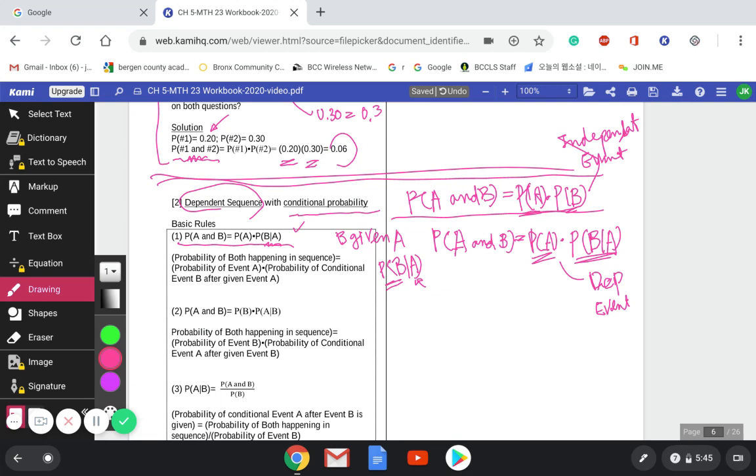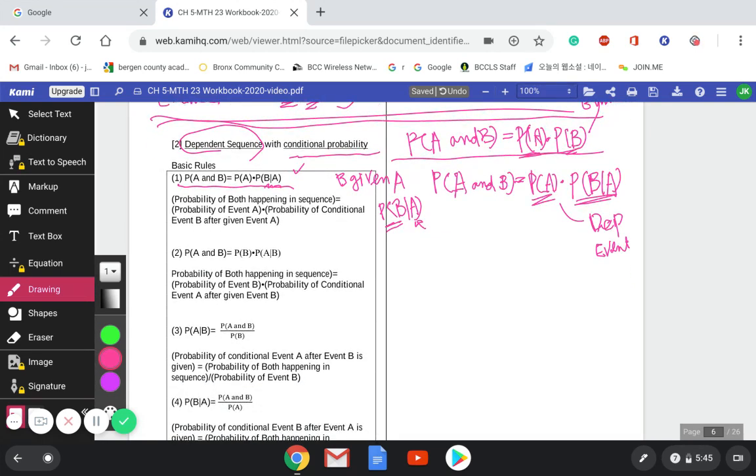So the way you write it is: probability of A and B is either probability of A times probability of B given A, or, if you do event B first, probability of event B times, now instead of A, we write probability of A given B, like this.